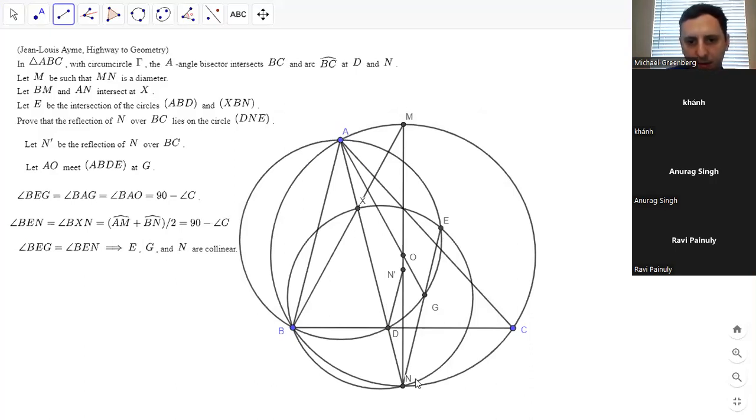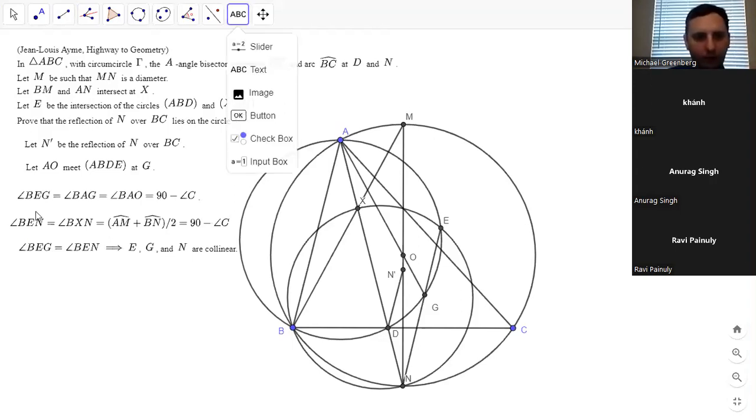So we have DN prime N is DNN prime, which is ANO, which is NAO, which is DAO, which is DAG, which is DEG. So right now it's just all an angle chase.